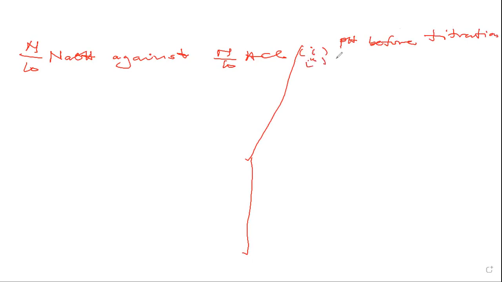We have been asked to find the pH after addition of 5 mL. We have been asked to find the pH also after addition of 25 mL.